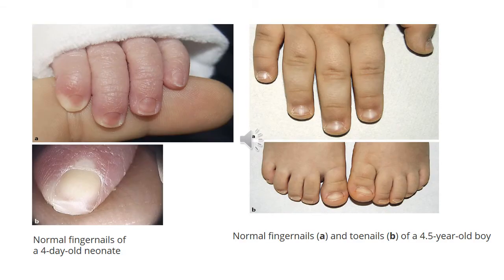Next slide, you see here normal findings in these children. This one is a neonate, normal fingernail, you see here, 4 days old, and here is normal fingernail and toes in a 4.5 year old child.